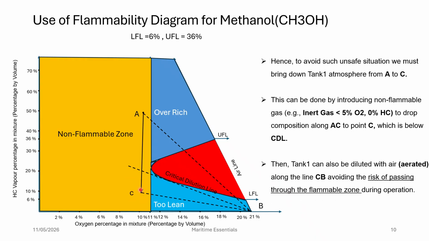Once it goes to C, you can dilute the tank atmosphere with air, and it will follow the CB line and be safe, avoiding the risk of passing through the flammable zone during the operation. In that way we do operations on board a tanker.